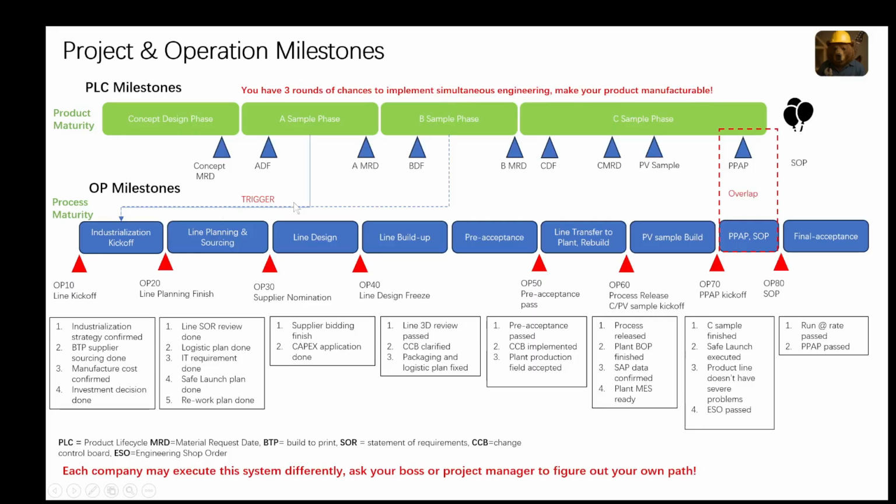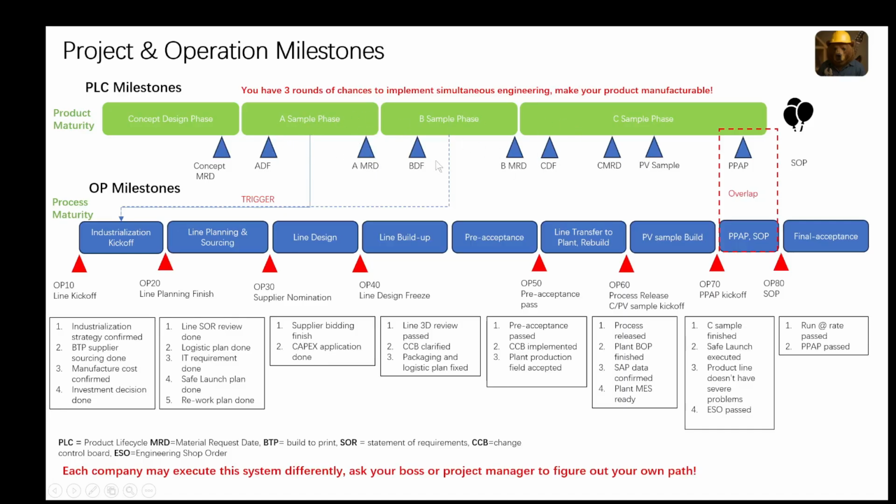Now, you should keep in mind that in today's automotive industry, as a tier 1, the B sample phase is a very, very crucial and critical one. This is like the connection between the sample prototype building and the serial production.